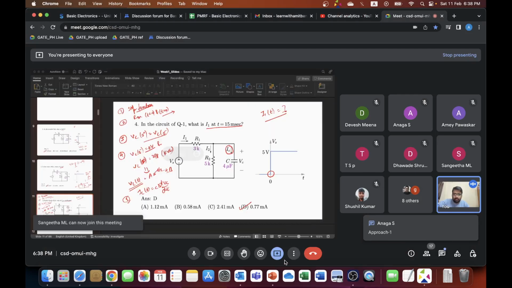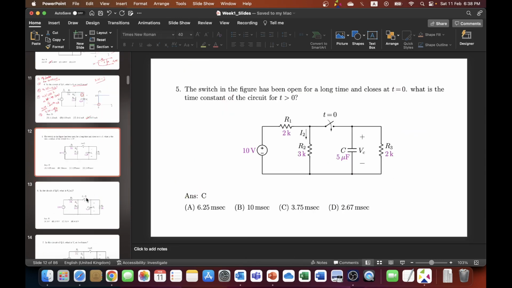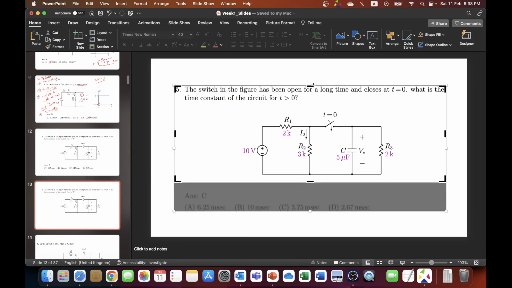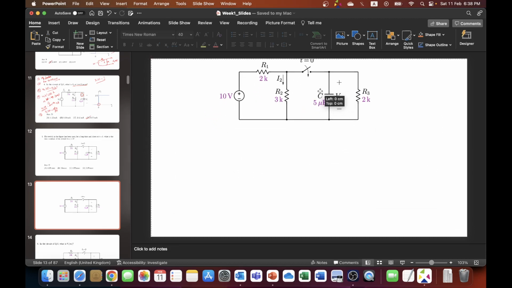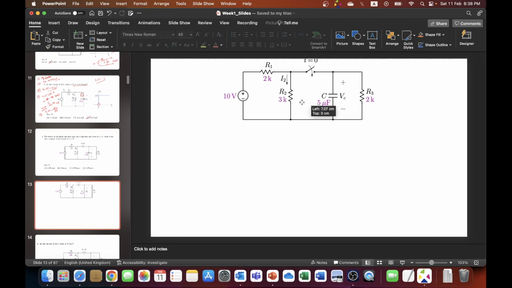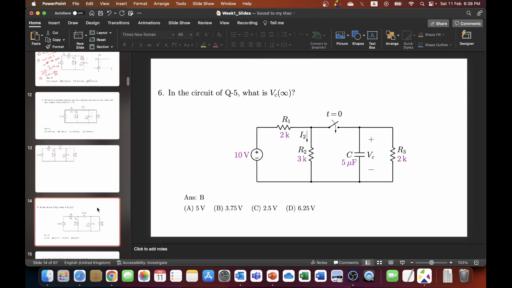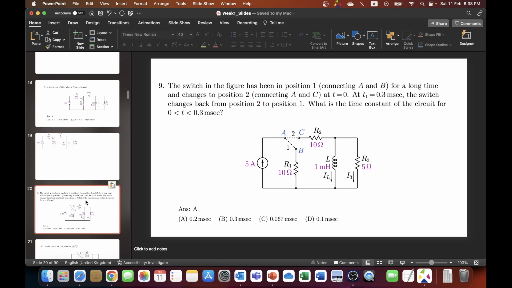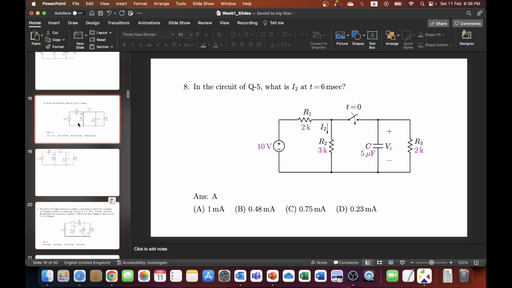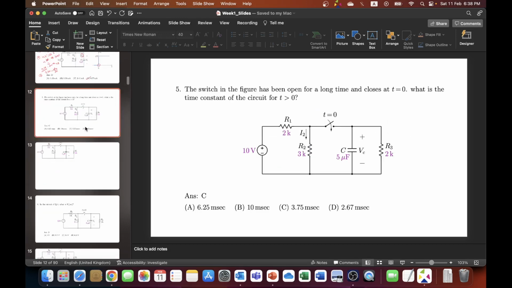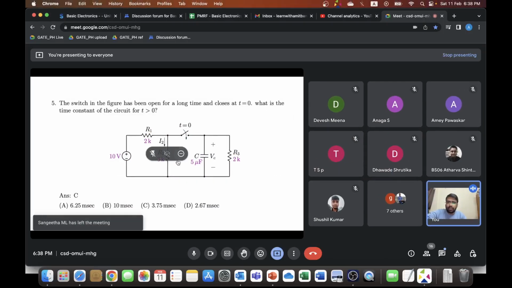Approach 1. Okay, just give me a second, I'll do that. Just give me a minute. Okay, so you want approach 1.